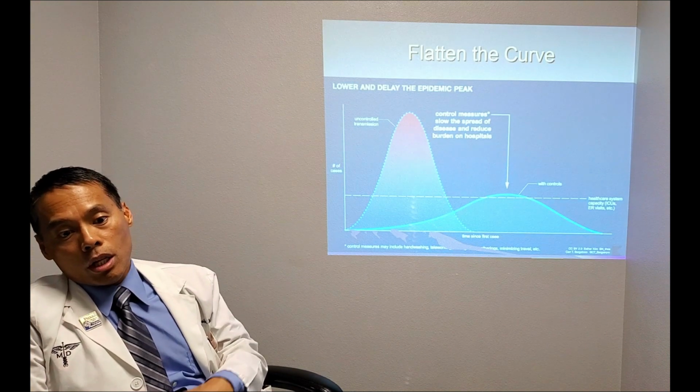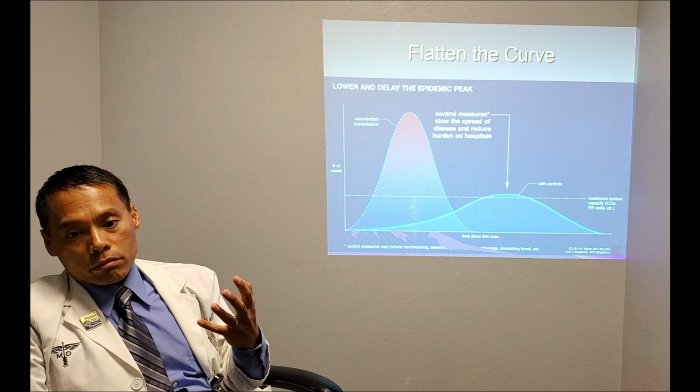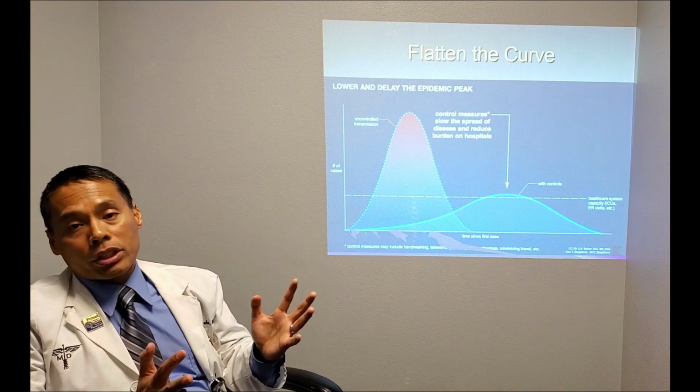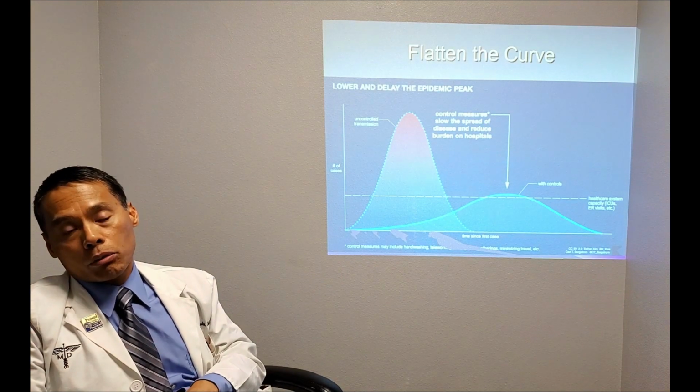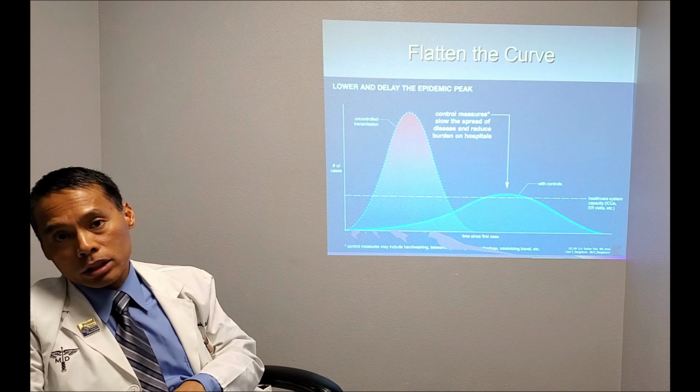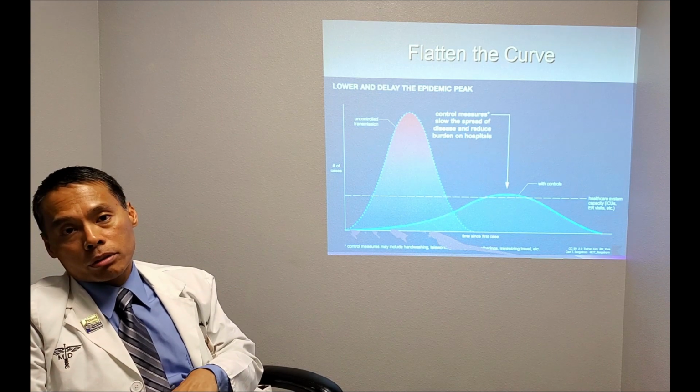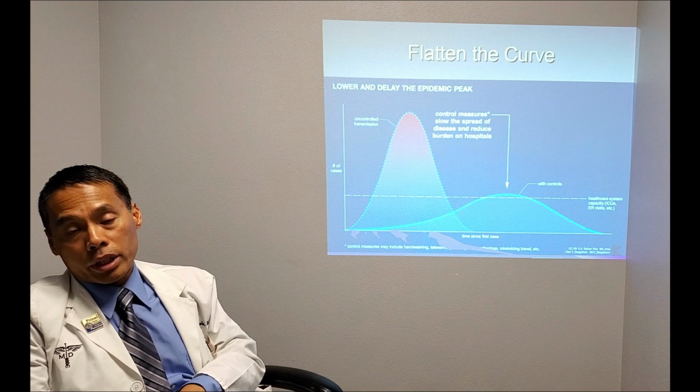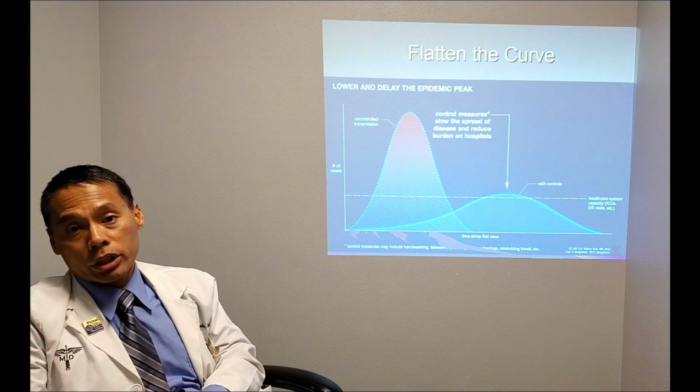So the purpose of flattening the curve really is to make sure that we do not exceed the capacity of our healthcare system to care for the persons and the population that is ill.